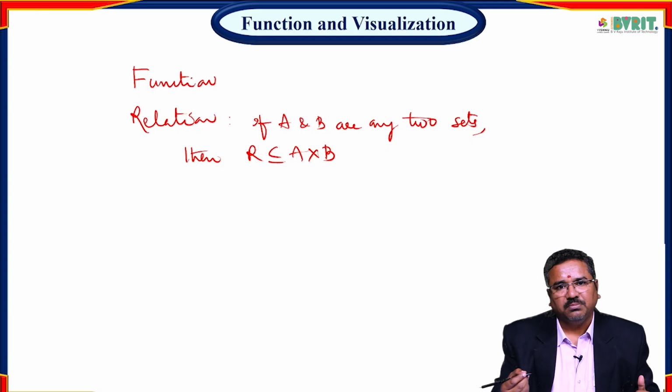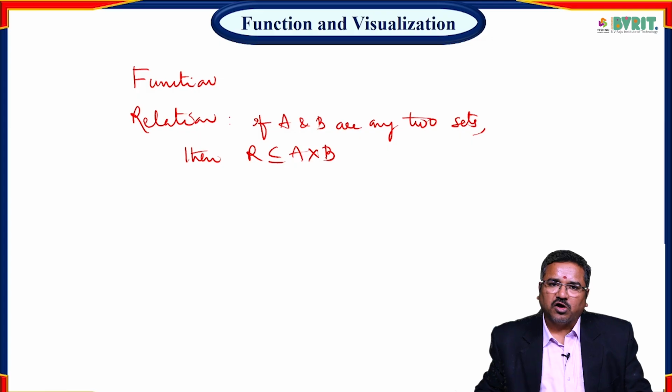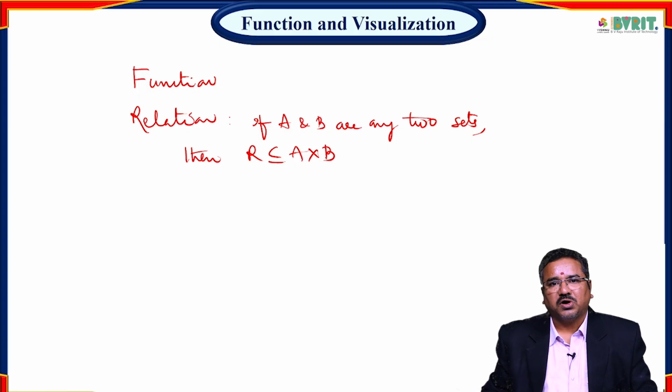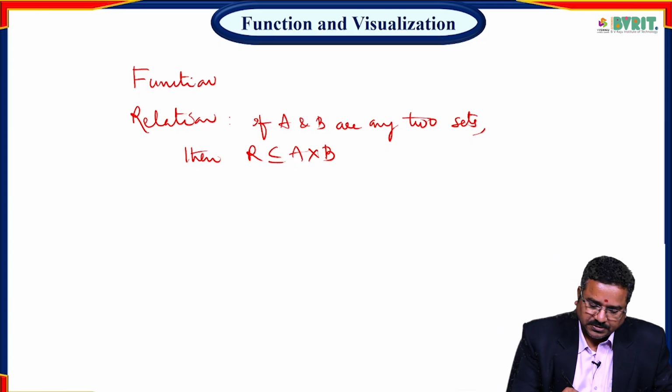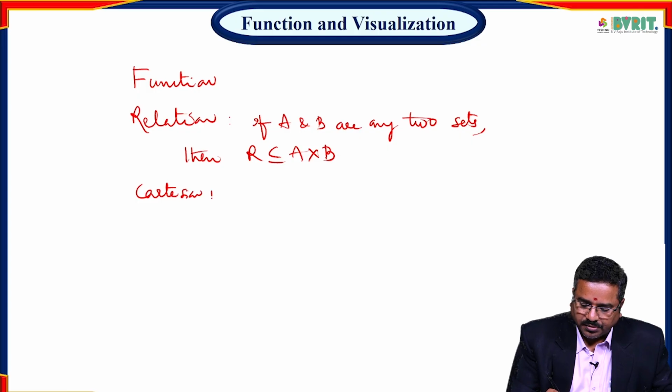So we know what is meant by A cross B. A cross B is called the Cartesian product of two sets. How to define the Cartesian product?